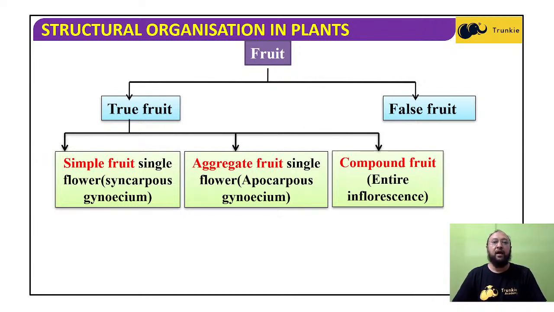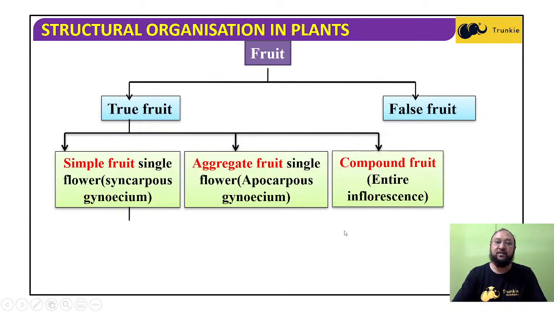Aggregate fruit: single flower and apocarpous gynoecium. And compound fruit: the entire inflorescence is involved. In simple fruit there is only a single flower and the fruit is also single. In aggregate fruit, there is a single flower and apocarpous gynoecium, which we'll see in the picture later on.